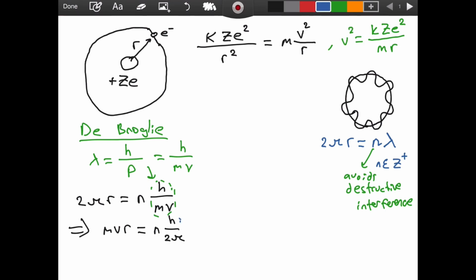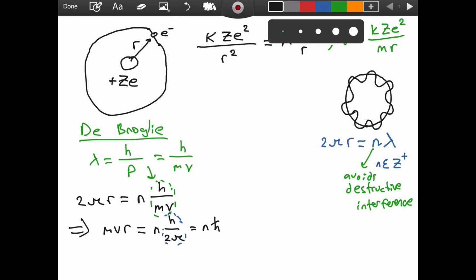And this guy, h divided by 2 pi, appears a lot in lots of calculations. So scientists chose to give it a special symbol. We name it h bar. This is also called reduced Planck constant because it is obviously less than Planck's constant since we divide by 2 pi, which is greater than 1. So this is just the definition of h bar, okay? It is h divided by 2 pi.